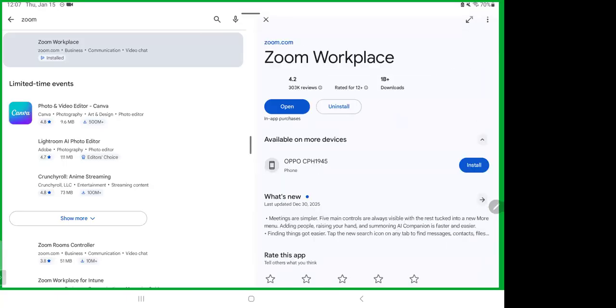So how can I see the update in this case? How can I update this? You can't update it right now because you're using the app. If you have to update it, you have to end the meeting, close the app, and then update it.